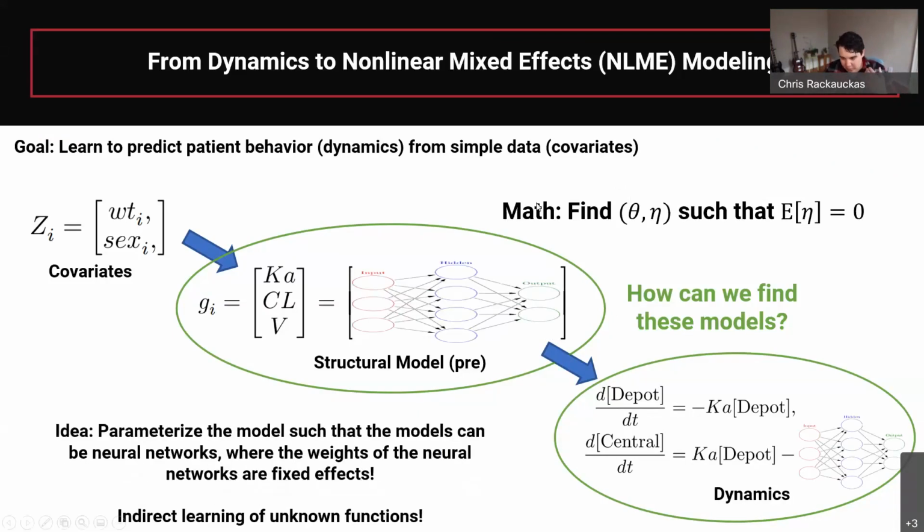But if you stick the neural networks within these problems, if you say, subject to the constraints of a partially known dynamical system with a statistical model, and you make the weights of your neural networks be the fixed effects of this model, it turns out that you can do everything you would have done before with the nonlinear mixed effects model, except now what you learn is the neural network for the average person, right?